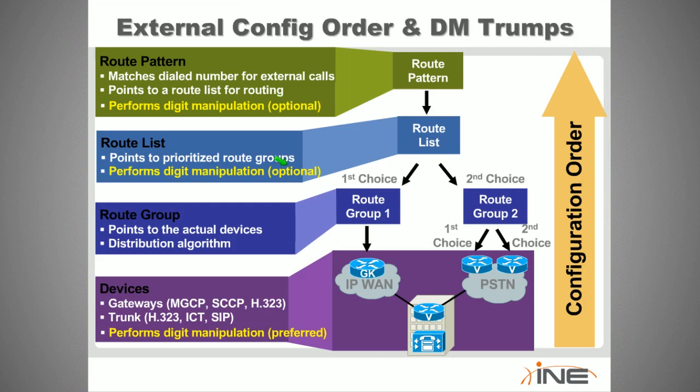Now, the reason I wrote optional here for route pattern and route list digit manipulation and preferred at the device level is that before CUCM 7.0, there was no option to do digit manipulation at the device level. By the way, this is something called calling party transformation calling search space, or called party transformation calling search space.